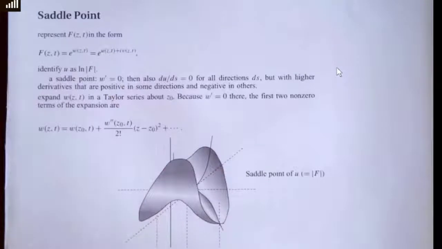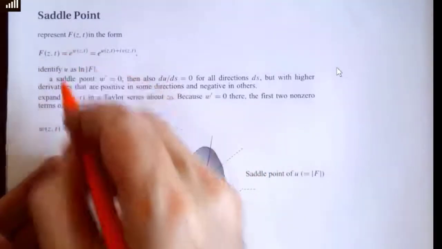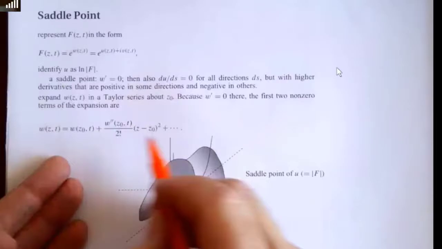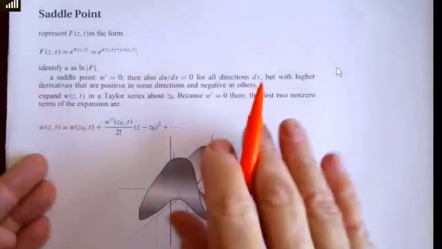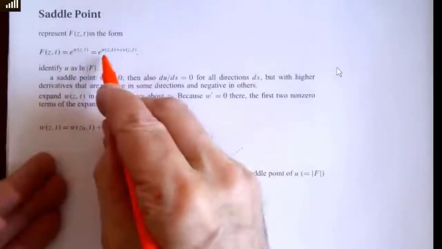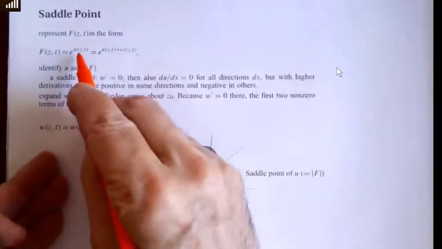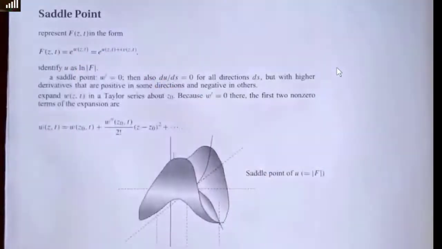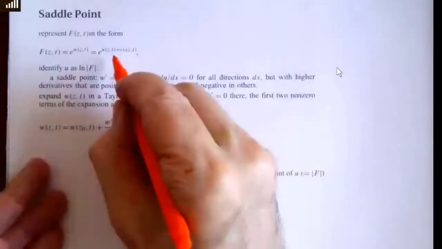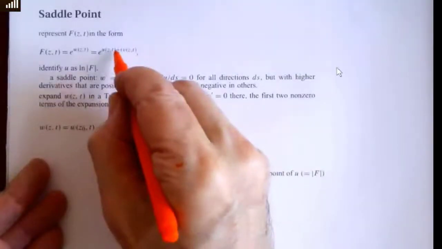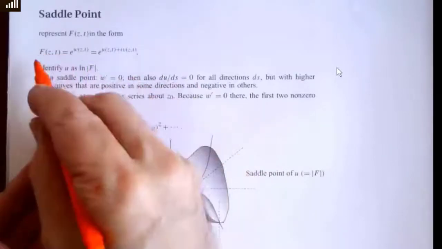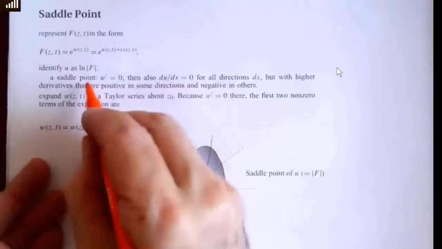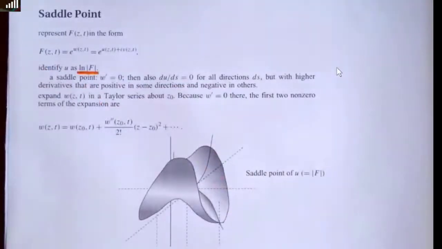We can always do that. We can take a holomorphic function and write it as an exponential of some other function. The general function in the exponent, and now we have absorbed this parameter z into the definition of the function, has two parts. It has a real part, u, and an imaginary part, v. And if you're looking at the magnitude of the function, you can just take the logarithm of the function, and it's u that controls the magnitude.